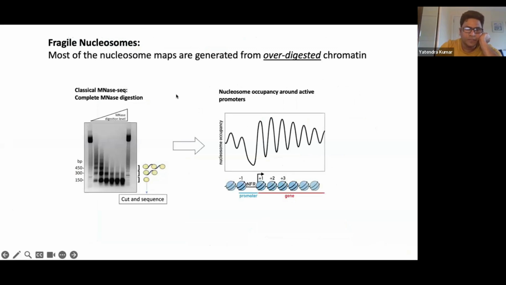But before that, let me summarize how it is that we have this common notion of a nucleosome-free region or nucleosome-depleted region on the active promoters.